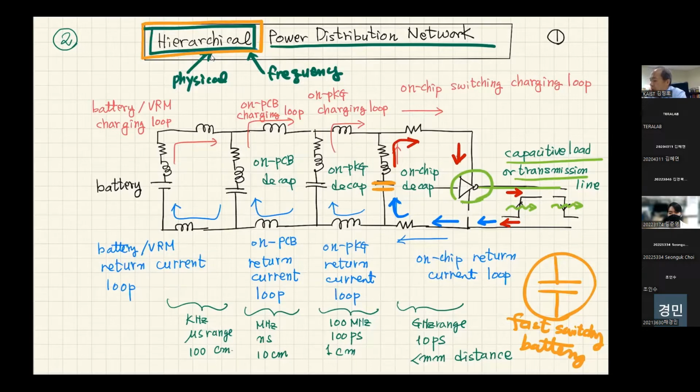So usually inside the chip, we put an on-chip decoupling capacitor. Inside the chip, the distance is going to be less than 1 centimeter. And usually this on-chip decoupling capacitor has minimal parasitic inductance because of the short distance.